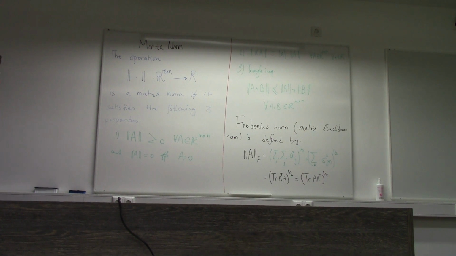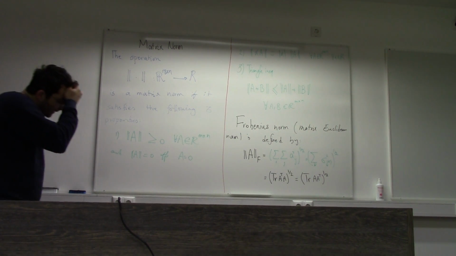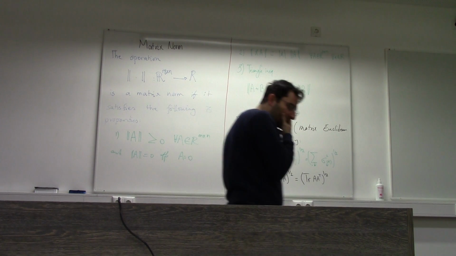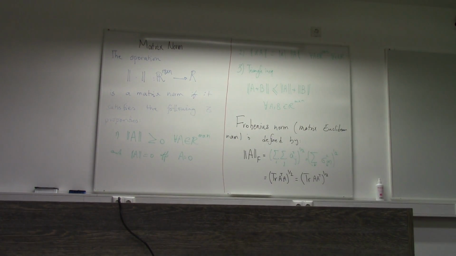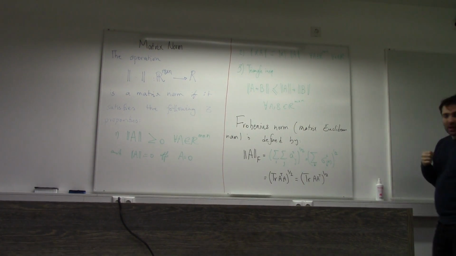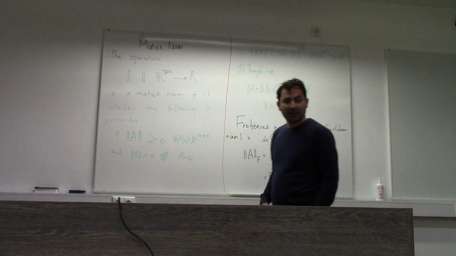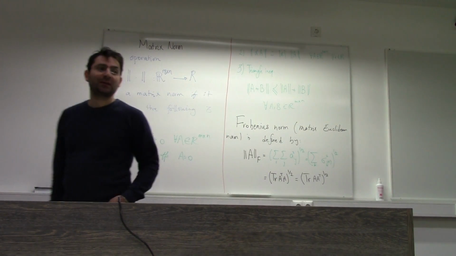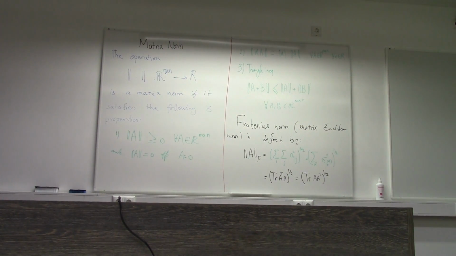Now, the Frobenius norm is the sum of all the elements of the matrix squared, with the result under a square root. We call it the matrix Euclidean norm.